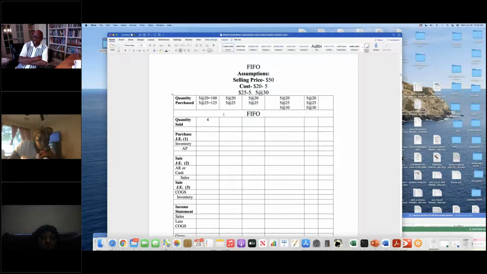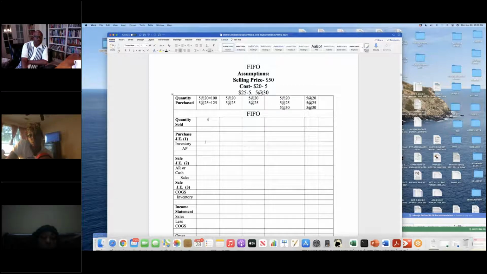How are things going to look now? But you said that you originally have 10 shoes and you sold 4? Yep. Okay, well then my inventory will be 225 and my accounts payable will be 225.